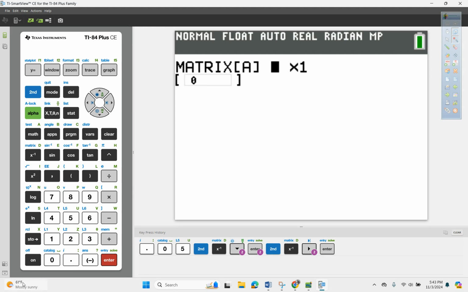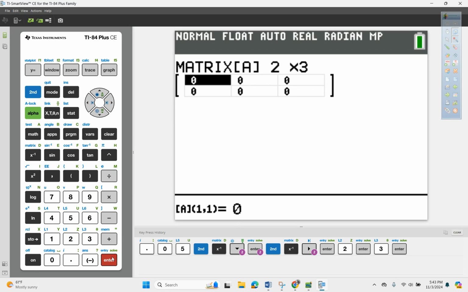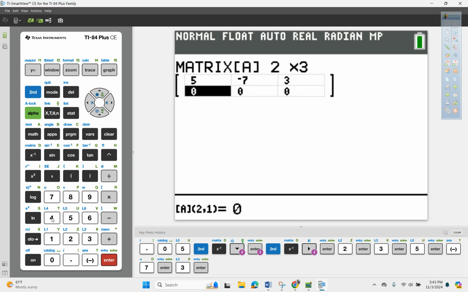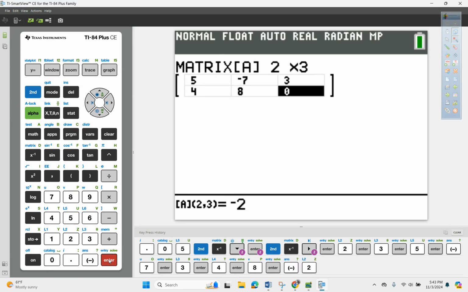So that's 2, enter, 3, enter. And it's 5, enter, negative 7. Make sure that you hit the negative, not the minus. 3, 4, enter, 8, enter, and negative 2, enter.